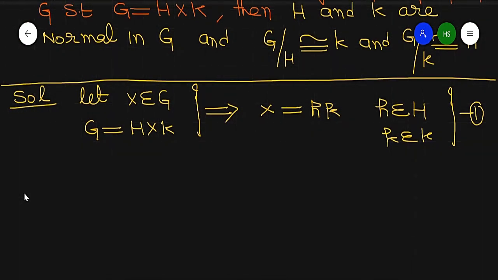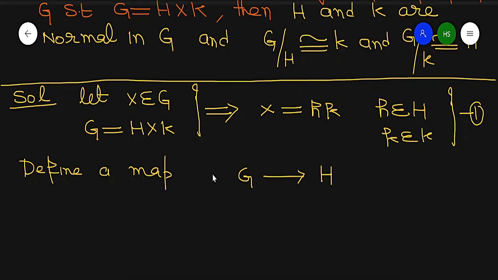Now to prove G by H is isomorphic to K, then G by K isomorphic to H, I define a map from G to H, then apply the fundamental theorem of homomorphism.